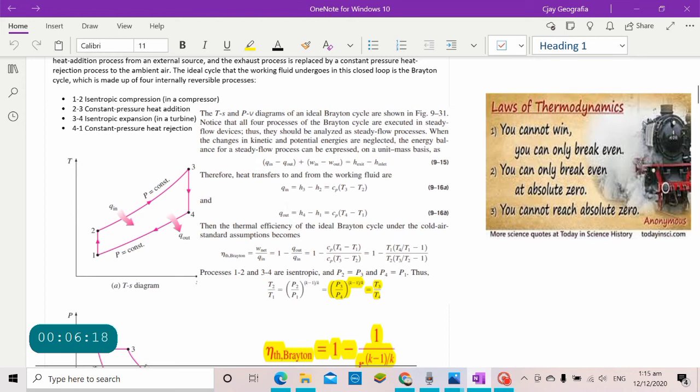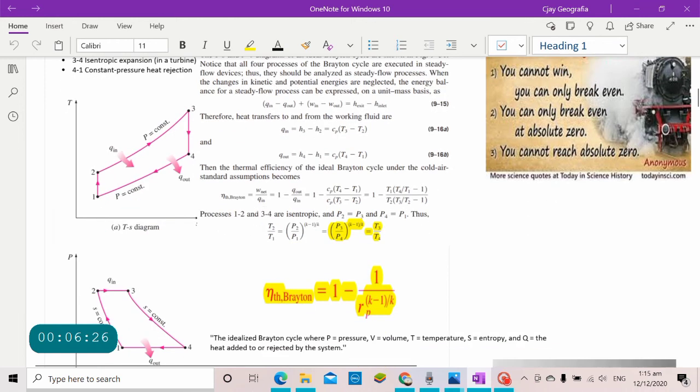So then the thermal efficiency of the ideal Brayton cycle under the cold air standard assumptions becomes: η_Brayton = W_net,out over q_in, right, is equal to 1 minus q_out over q_in, is equal to 1 minus Cp(T4 minus T1) over Cp(T3 minus T2), is equal to 1 minus T1(T4/T1 minus 1) over T2(T3/T2 minus 1).